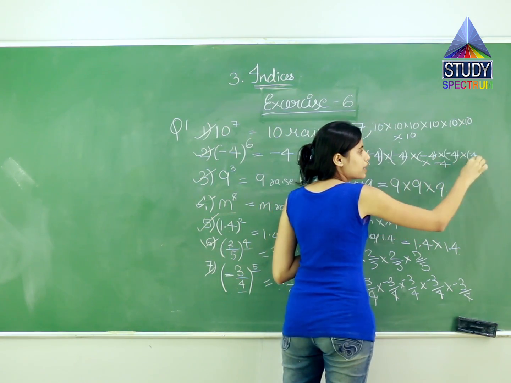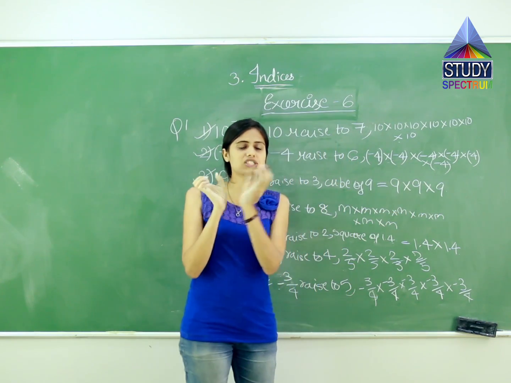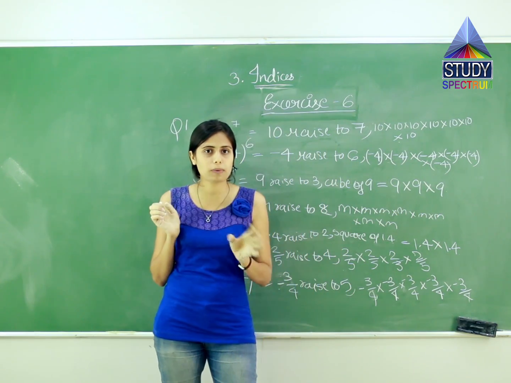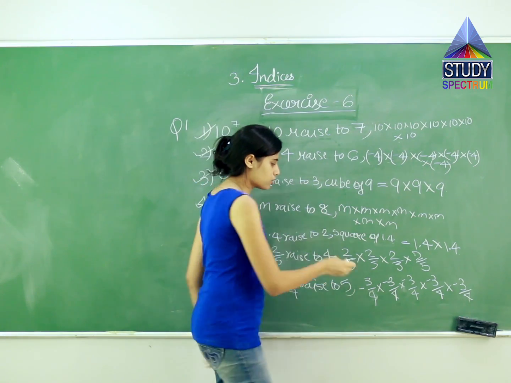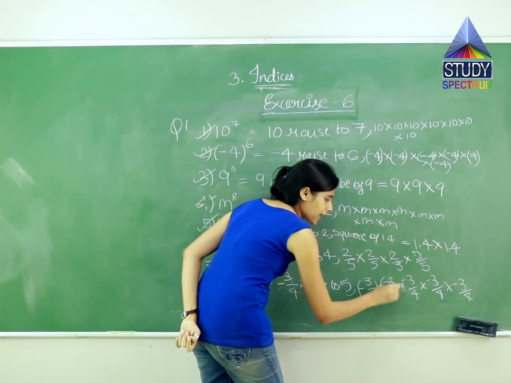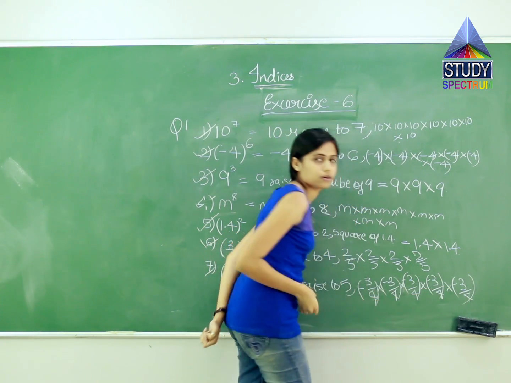Okay, so that you don't get confused. Means what? The negative sign is accompanied with 4. It is stuck with the 4. It is not the sign which is to be operated. It is negative 4. Now look over here. Also you can form this bracket, simple brackets, because there is a negative sign accompanied with it. So clear?